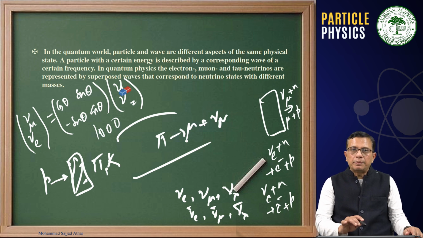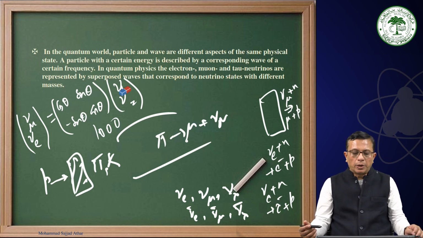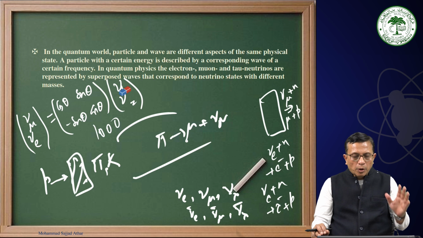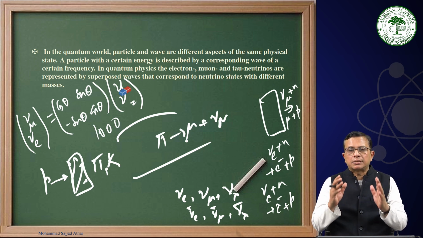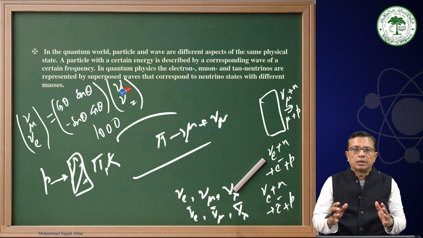This is a unitary matrix, and in the absence of mixing, theta will be 0, and that means nu mu will be nu 1 and nu e will be nu 2. But when mixing is there, which we are considering, this theta will be non-zero. Therefore, this is a unitary matrix, and we are talking about propagation states as nu 1, nu 2 and nu 3 for three flavor neutrino oscillation.